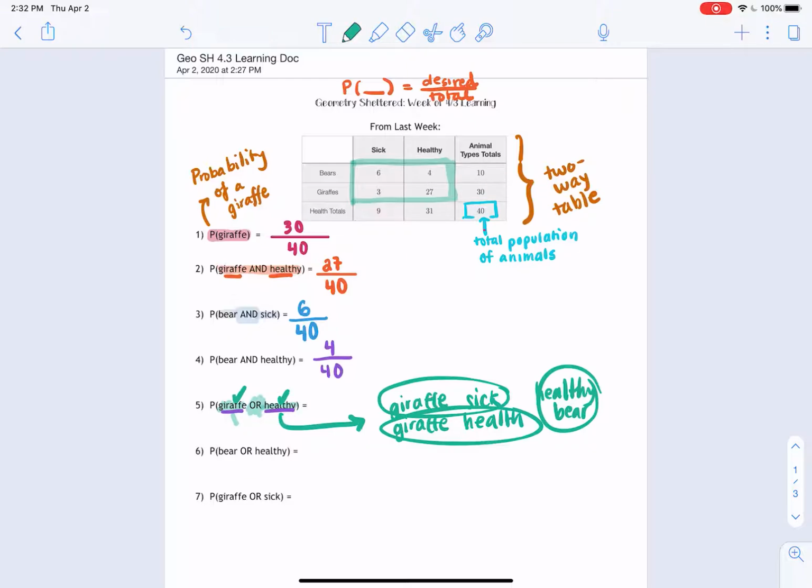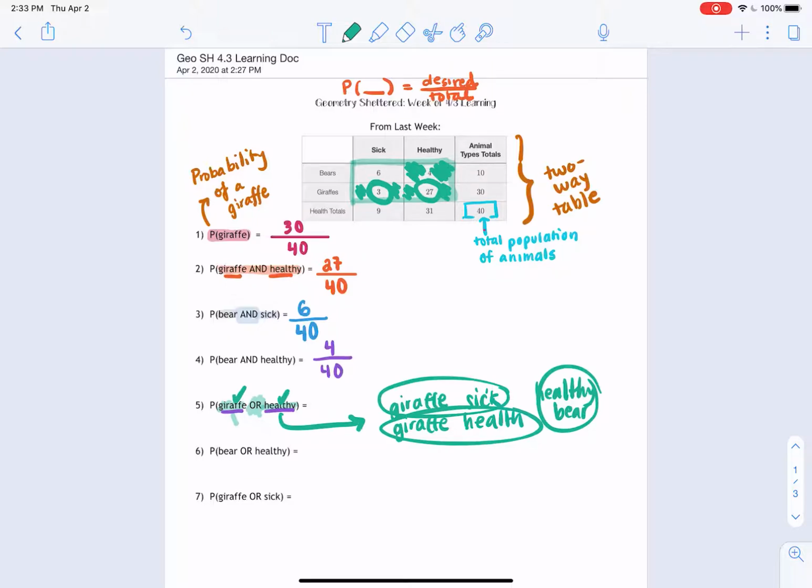So where do we see giraffe and sick? Right here. So on this box here, that's a giraffe. Where do we see giraffe and healthy? In this box here. And where do we see a healthy bear? Right here in 4.